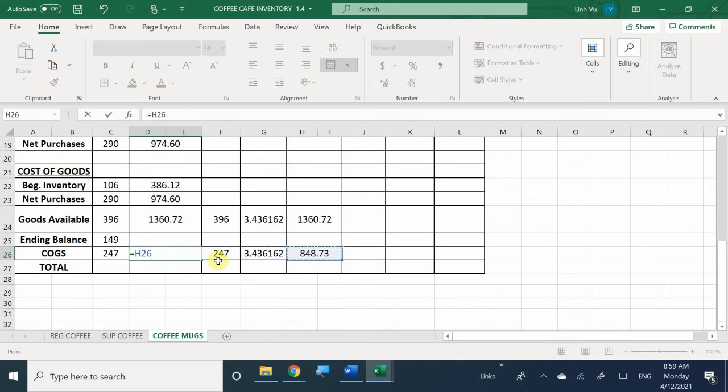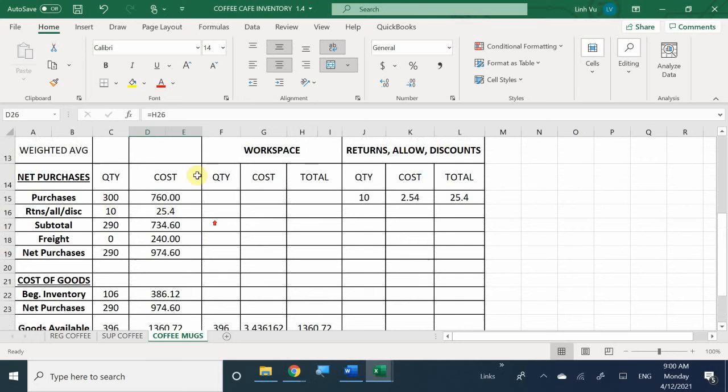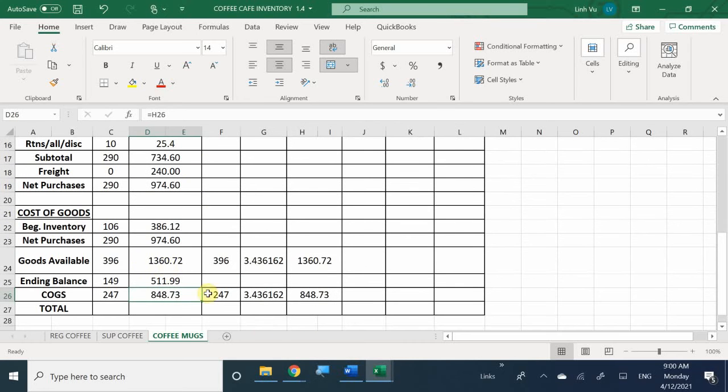848 and 73 cents, making my ending balance 511.99. Perfect. So there we are. We completed our little section here. So let's go ahead and journalize this real quick.